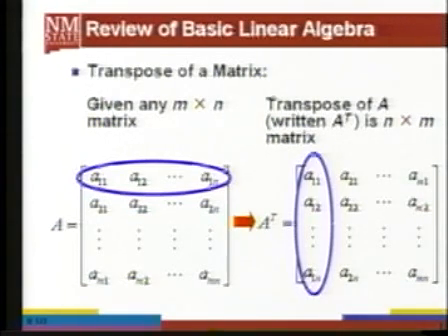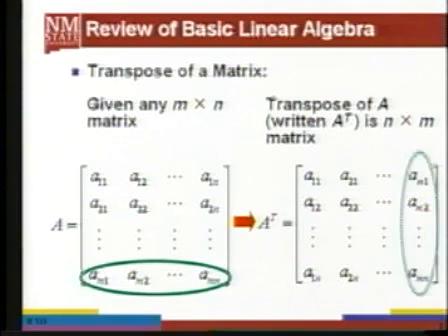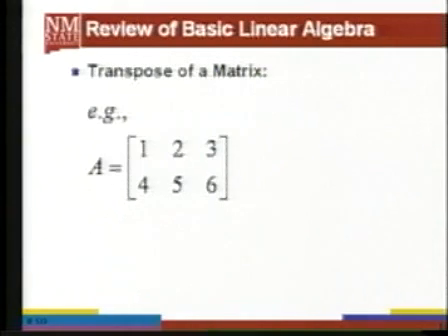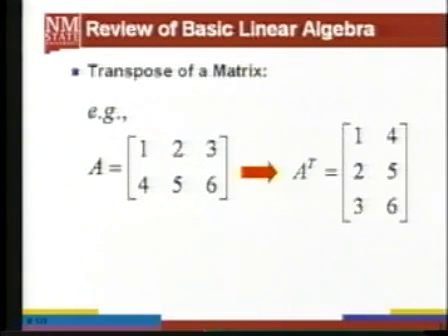Likewise, the mth row of matrix A becomes the mth column in the A transpose matrix. Okay. So for example, for a given 2 by 3 matrix A, the transpose of A becomes a 3 by 2 matrix, like this. Is that right?